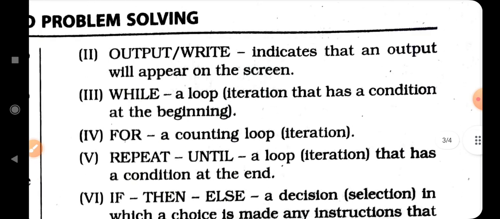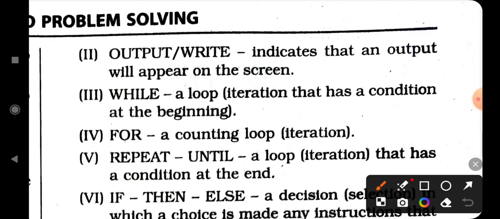Second, output or write, which indicates that an output will appear on the screen. Third, while, a loop iteration that has a condition at the beginning. Fourth, for, a counting loop iteration.